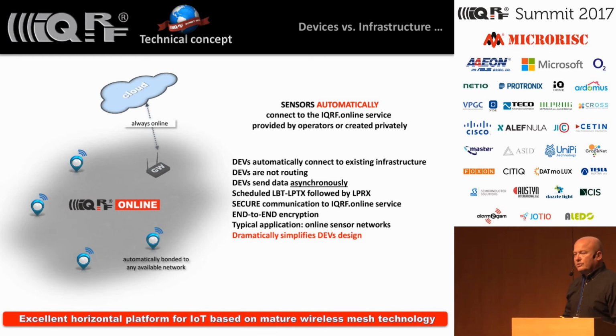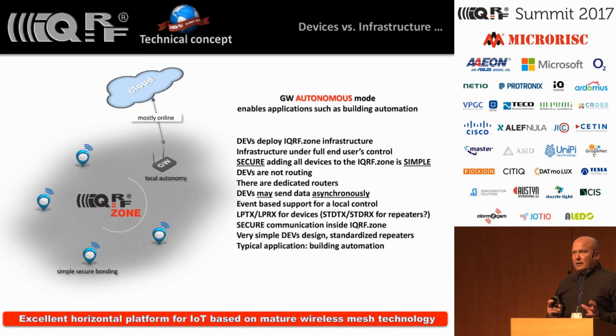When we are talking about IQRF Zone, the big difference to the online service is that authorization to access the network should be in the gateway, because you will make local control of this network, and therefore even authorization should be made already here. And we found a way how to make it simple but secure, because security is a must, and simplicity.